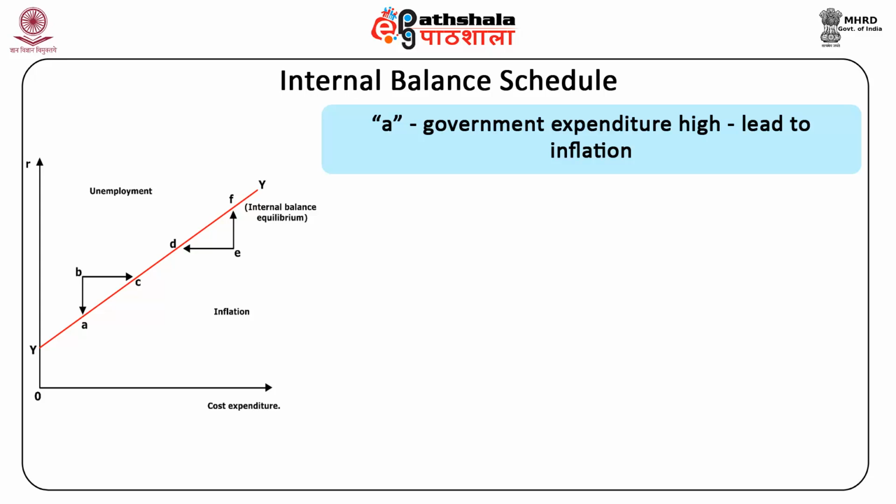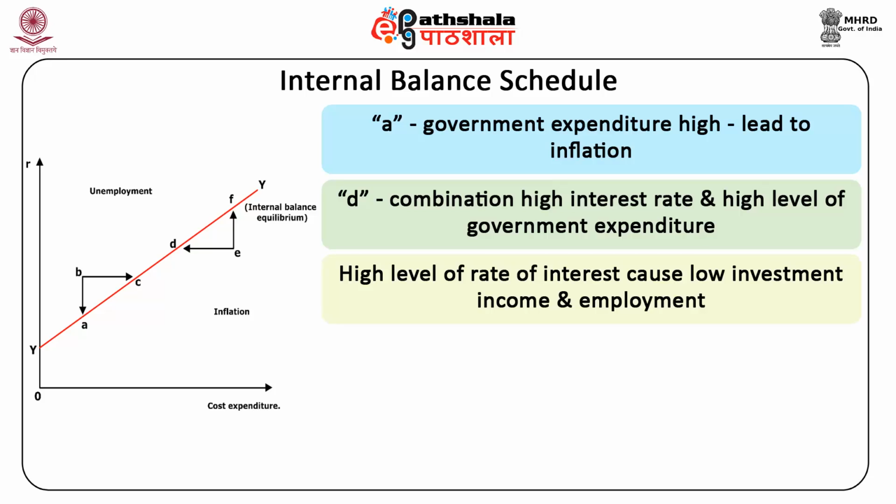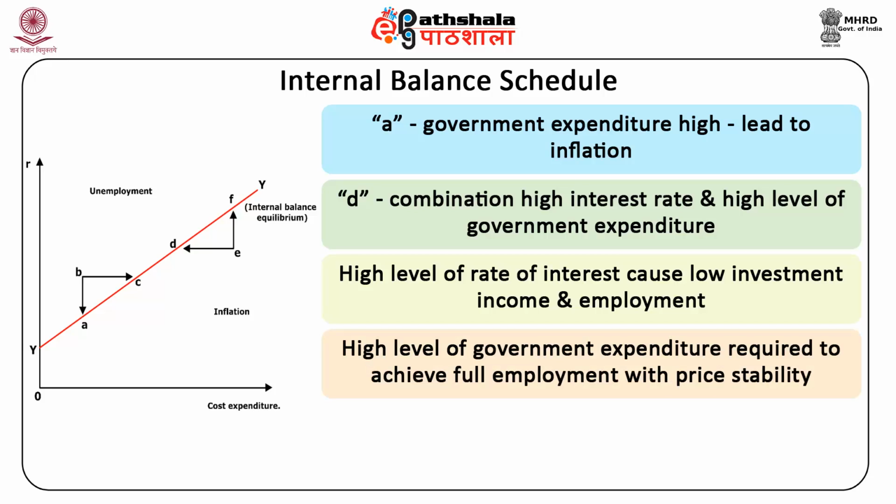Similarly, at another point D on YY line, we have a combination of high interest rate and high level of government expenditure. Here the high rate of interest would cause low investment, income and employment, and therefore high level of government expenditure is required to achieve full employment with price stability.